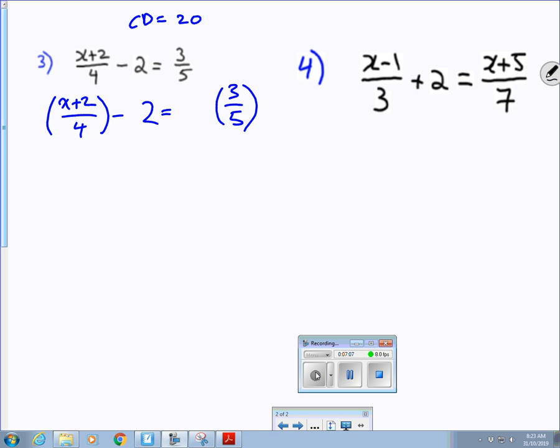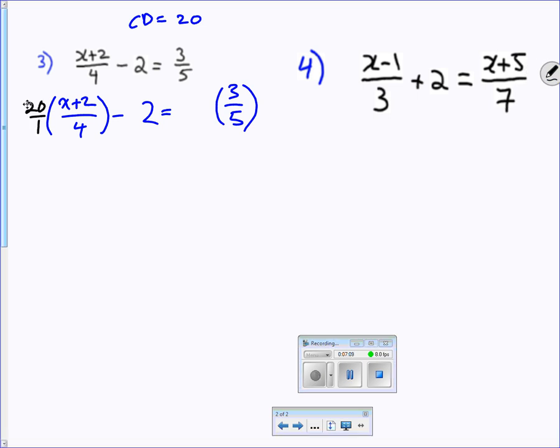This fraction we multiply by 20 over 1, this whole number we multiply by 20, and this fraction we multiply by 20 over 1 again. Now let's simplify those fractions. 20 and 4 can both be divided by 4, so this is a 1 and this is 5. Then 20 by 2, nothing there, but we have another simplification of 20 and 5, so now we have 4 and 1.